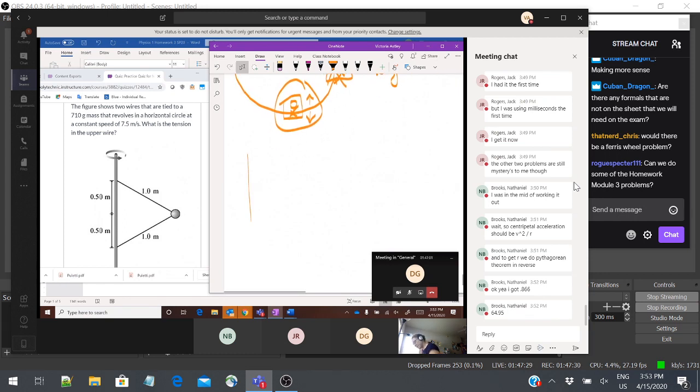So we have, this is r, this is 1, this is 0.5, 0.866, and we have v is 7.5 meters per second. How do we know it's v and not omega? The units. It's meters per second and it says speed.